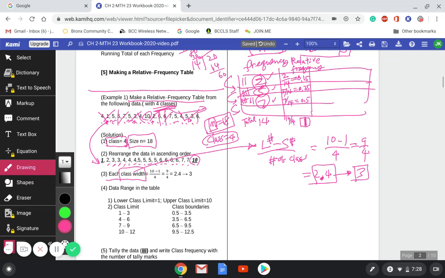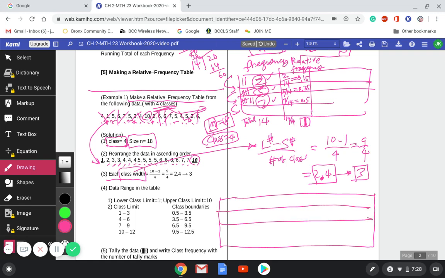So what do you do after that? So you make a table. How many rows do you have? They say 4 classes. So that means you have 4 rows. Because class means how many groups, how many rows that you have in a table.